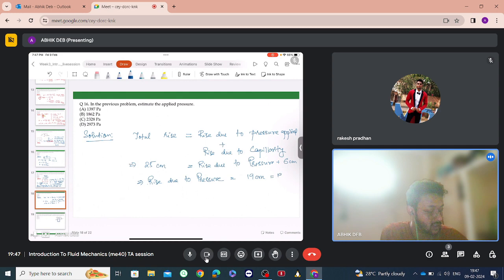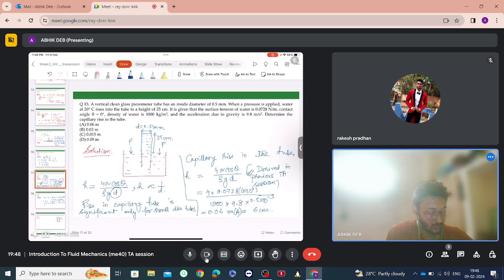That is 19 into 10 to the power minus 2, or we can write it as 0.19 meters. But what is the rise due to pressure? So due to this pressure, this rise is happening.